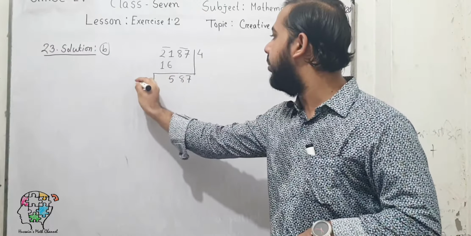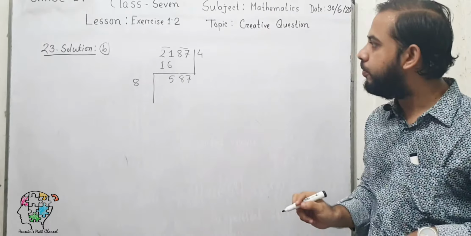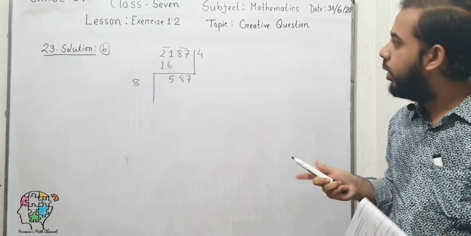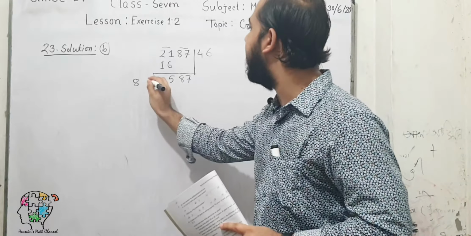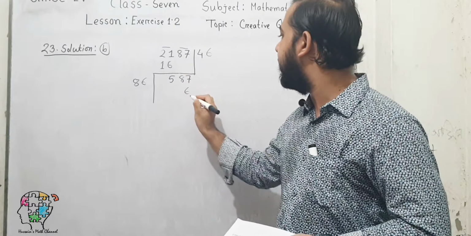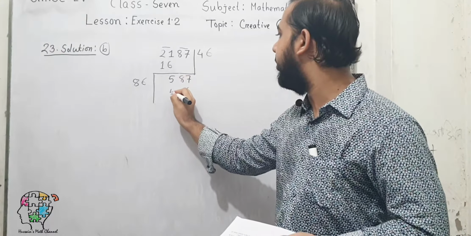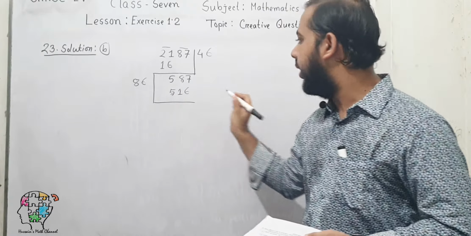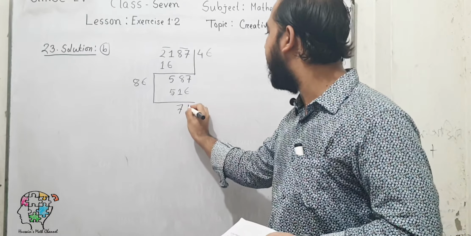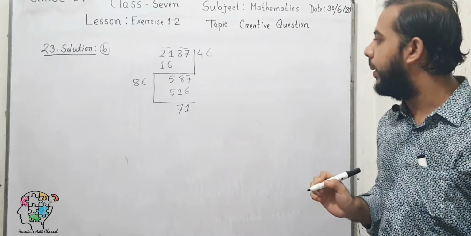Now if we make double of 4, it will be 8. And now if we check here 6 and 6, we'll get 6 times 6, 36, in hand 3, 6 times 8, that will be 51, so 516. Now if we subtract, we'll get 71.